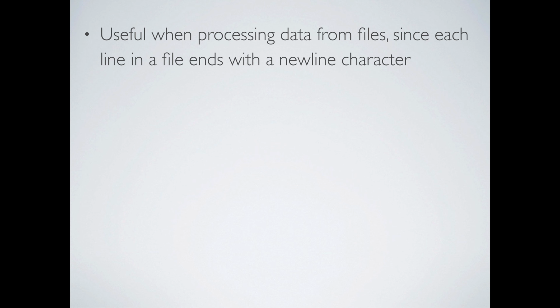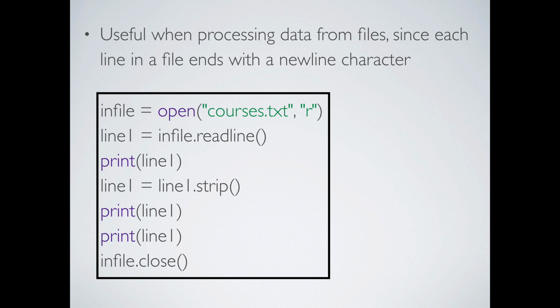So again, very useful when you're processing data from files, since each line in a file ends with a new line character. Here is an example that we were talking about earlier. This was that courses.txt reading example where we read one line at a time using readline. And this was the example that had those extra new lines.